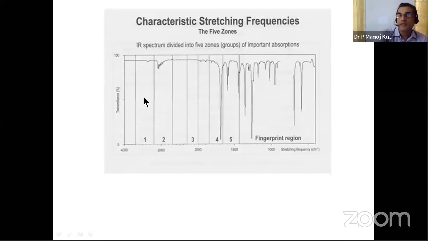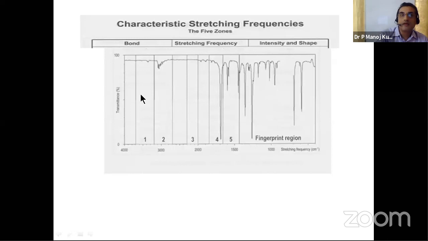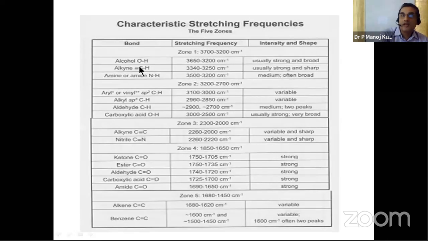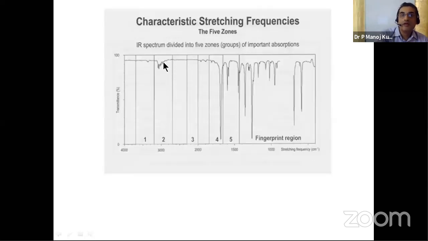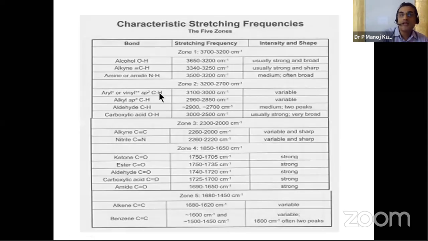So the first zone, as I told you, you can check for the presence of alcoholic OH, alkynic CH, and amine. The second zone gives you information regarding the CH of an aryl or vinyl above 3000, and below 3000 you will have alkyl and aldehyde.